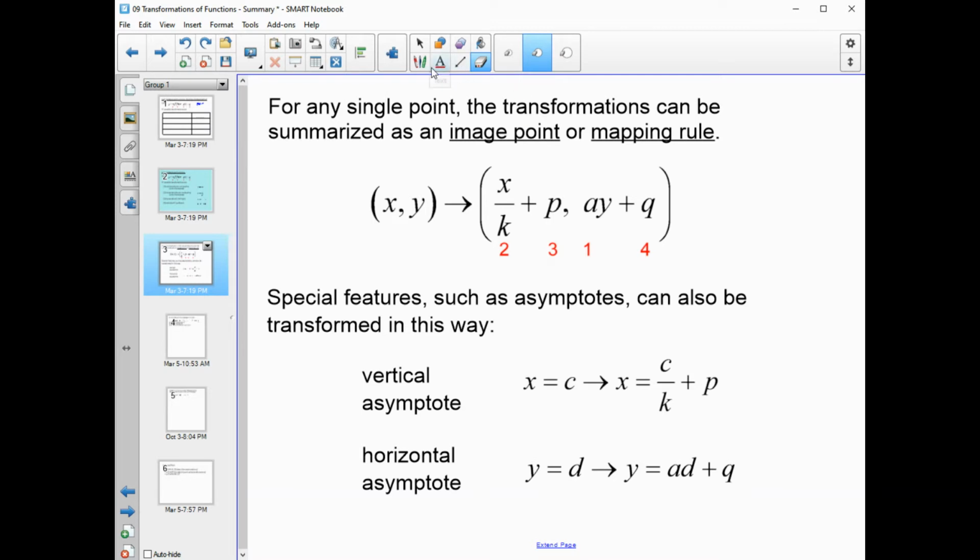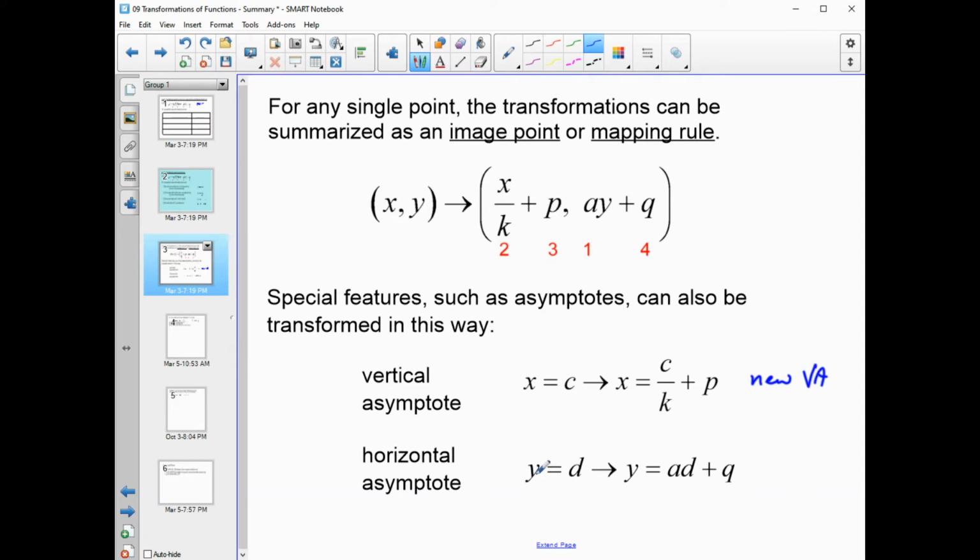But the important thing to remember is that whether it's a vertical asymptote or a horizontal asymptote, and these numbers c and d, I've just put them there as placeholders for numbers, you use the exact same operations from the mapping rule. So if you have a vertical asymptote, where the equation of a vertical line is x equals c, then you would transform that number c, and that's going to give you your new vertical asymptote.